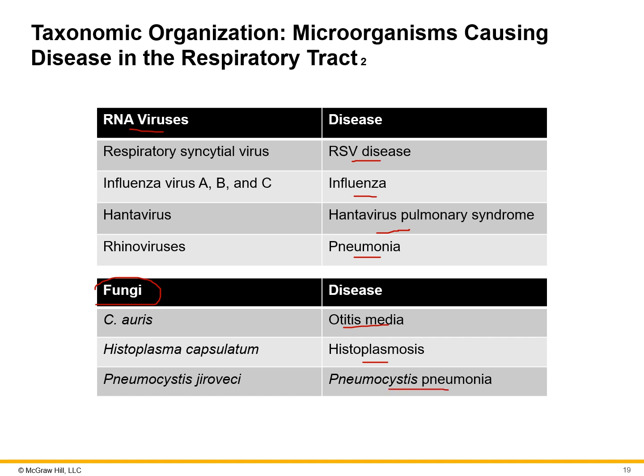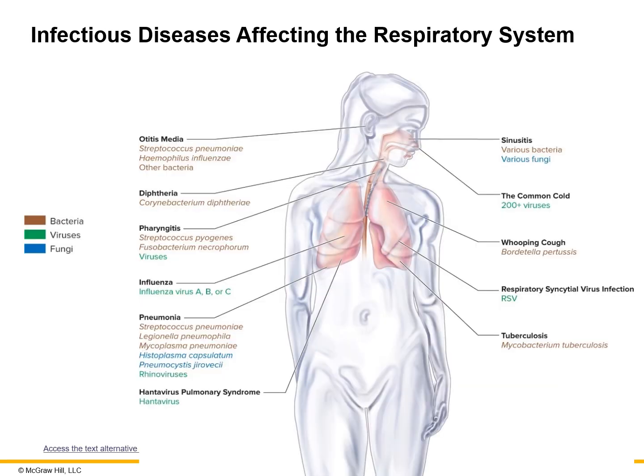And then Pneumocystis pneumonia in those AIDS patients is caused by a fungus as well. And then our summary at the end: most of these are bacterial or viral infections, but there are some fungal infections that can cause pneumonia, as well as some sinusitis.